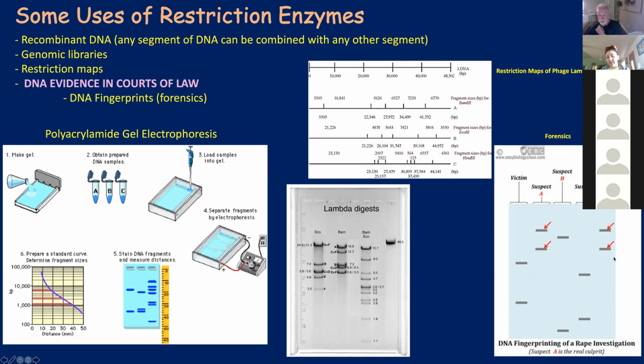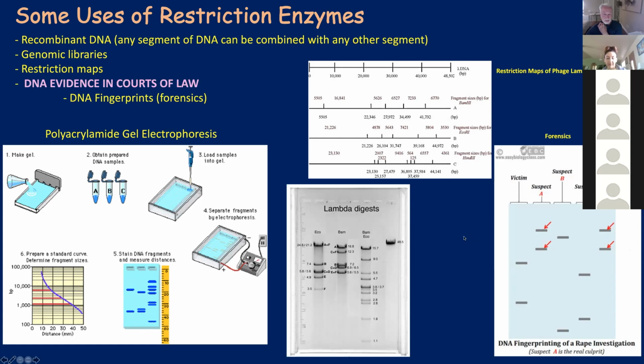And the evidence from the site of the crime has a particular pattern, and it matches exactly with suspect A. So this is unequivocal evidence that suspect A did the crime.